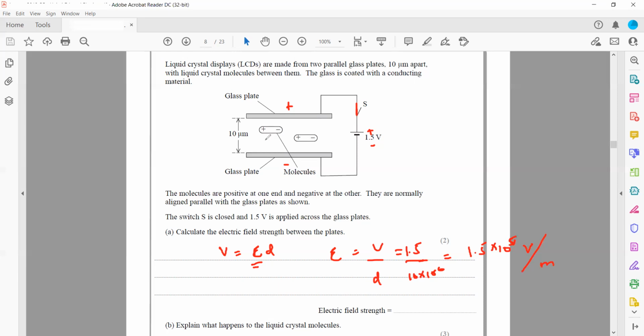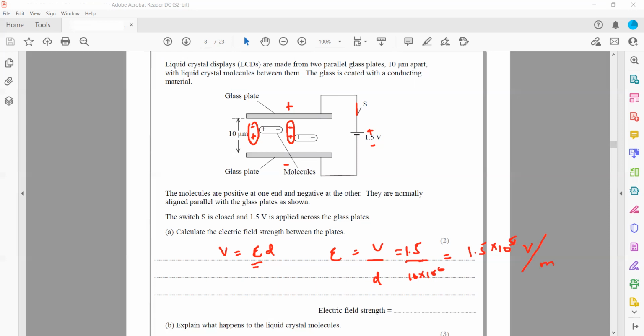Originally the molecules were parallel, but as a result, unlike charges attract, so the negative part of a molecule will be attracted towards the positive plate, and the positive part towards the negative plate. So the molecules of the liquid crystal will align according to the external field.